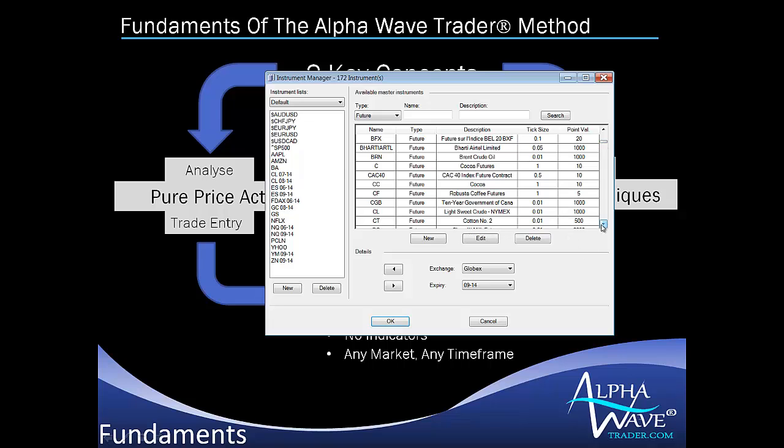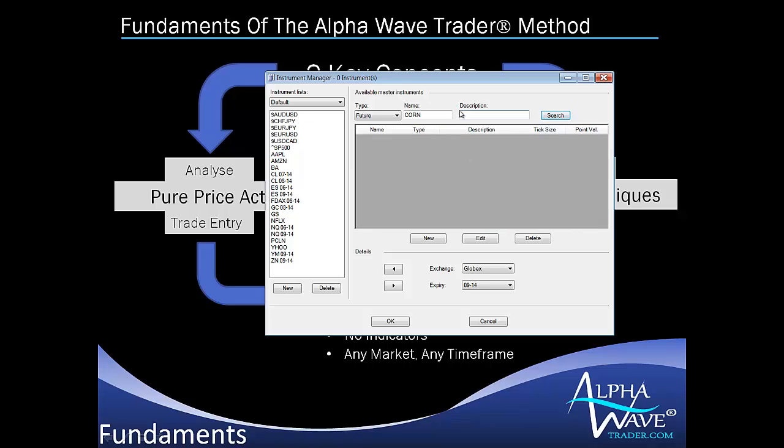Cotton. Hold on. Corn. Here we go. Corn futures, ZC, done.